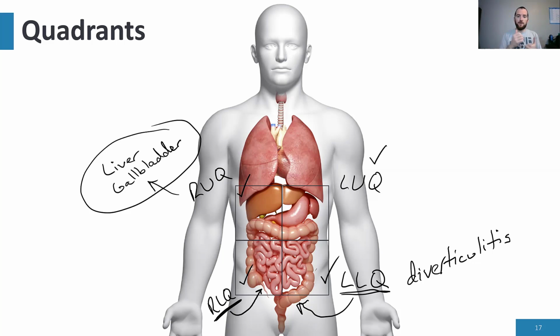Like if I said we have right lower quadrant abdominal pain, immediately on the list: appendicitis. If it's a female, it can be ovary torsion. It could be ectopic pregnancy. It could be pelvic inflammatory disease or some other infection. It could be they have just a GI bug.